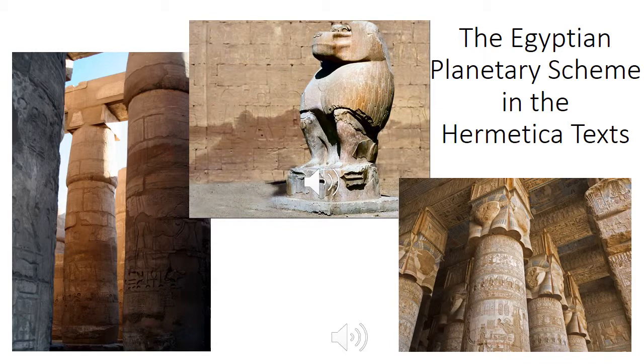In the Hermetic texts from Hellenistic Alexandria, we're given a description of Egypt as being created in the image of the cosmos, but the cosmos in question is actually the solar system, because the sun's described as being in the centre, and each of the gods are identified with a particular planet, and then those gods have their sanctuaries at specific locations within the nation.